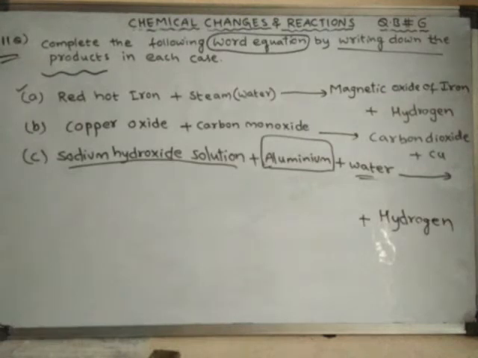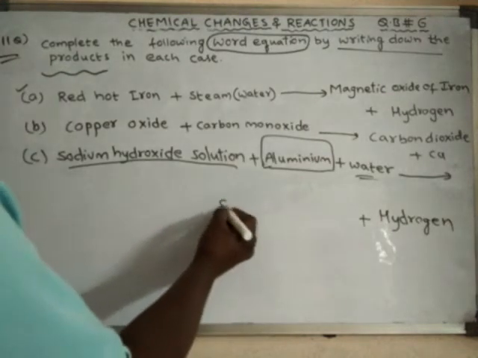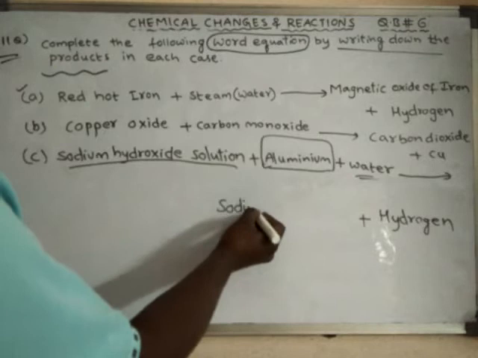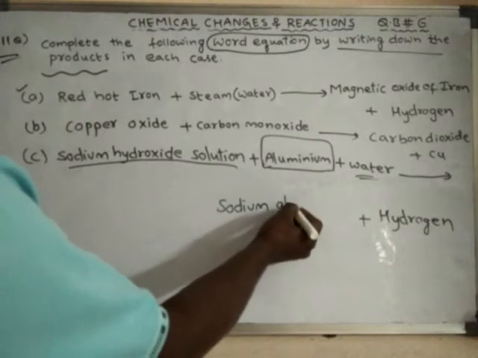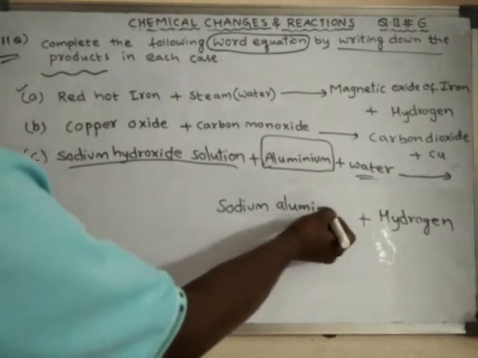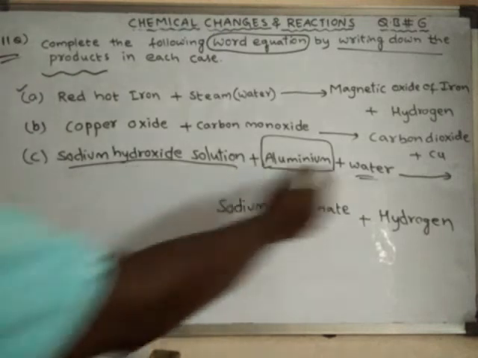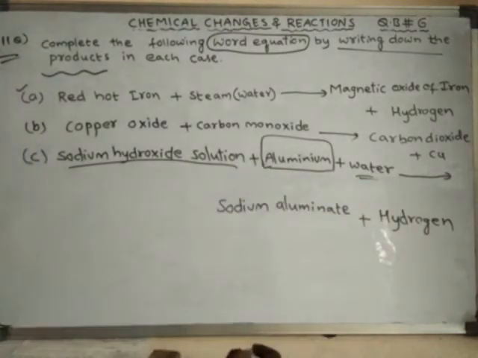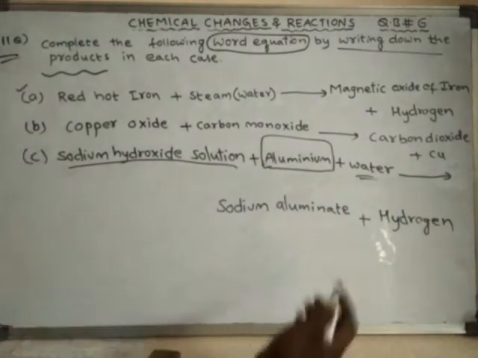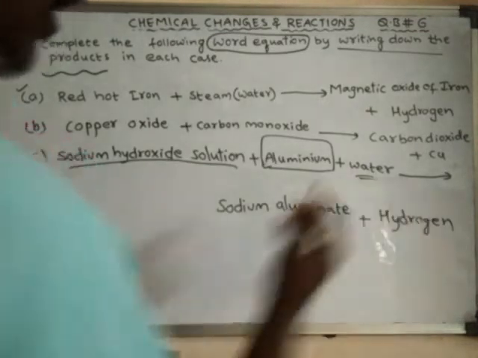The leftover substance is sodium aluminate. It converts into sodium aluminate and hydrogen. So now this is the word equation and these are the products. What are the products? Sodium aluminate and hydrogen.